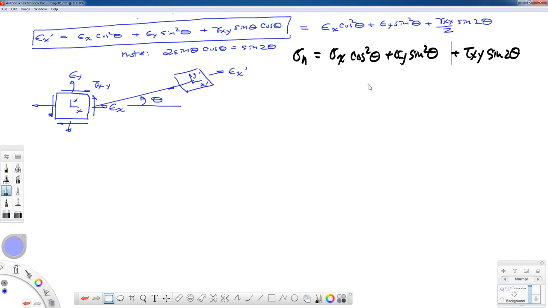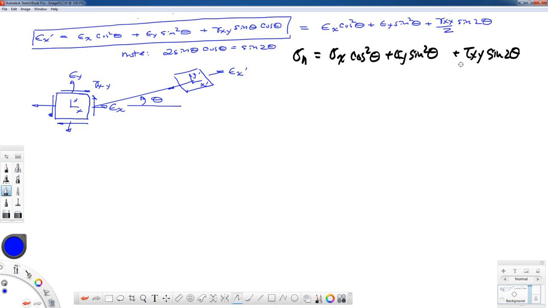And so you may notice in here that epsilon x and sigma x have the same kind of term, epsilon y and sigma y have the same kind of term, but on the shearing term, gamma xy over 2 is in the place of tau xy. So there's this slight difference in the equations that we get for engineering shearing strain than we get for shearing stress.